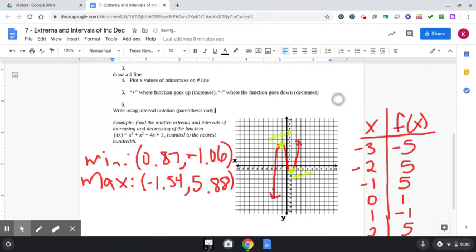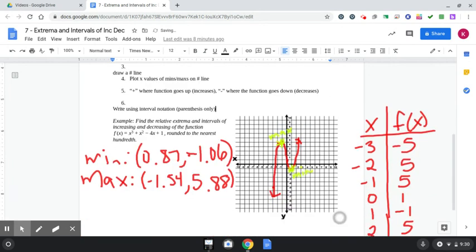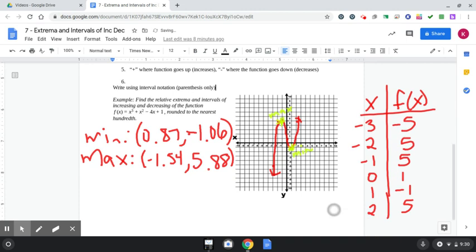All right, so let's go back down and we'll look at this example again, and now we're going to find the intervals of increasing and decreasing. So your first step, graph the function. We did that. Second step, find all of the relative extrema, the mins and maxes.